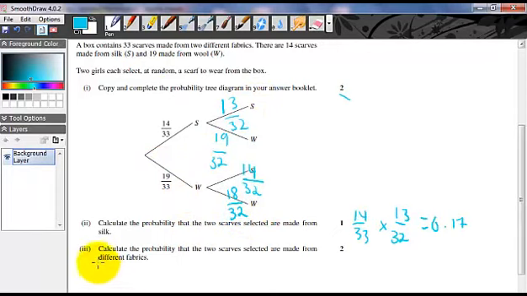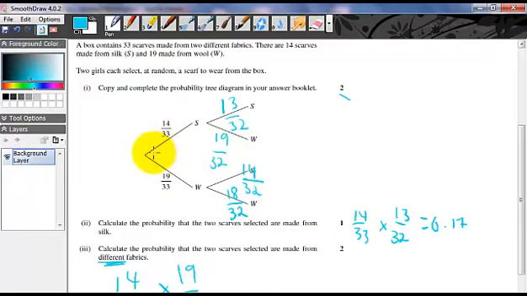But you want different fabrics. For different fabrics, it's 14 out of 33 times 19 out of 32, because silk and then wool.